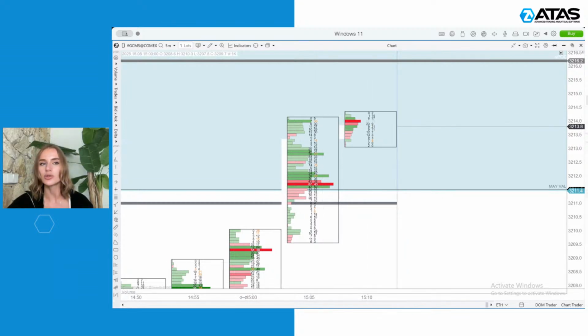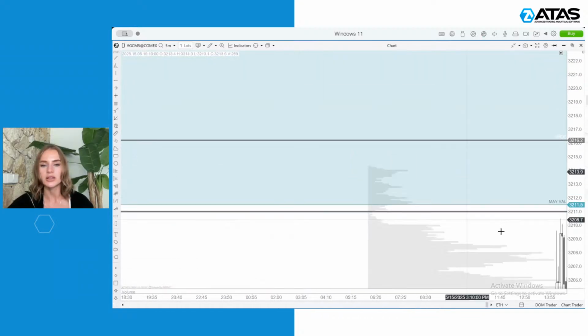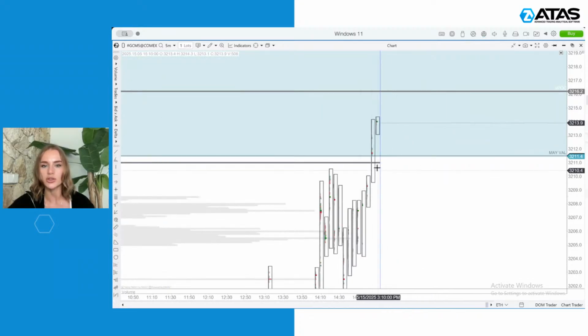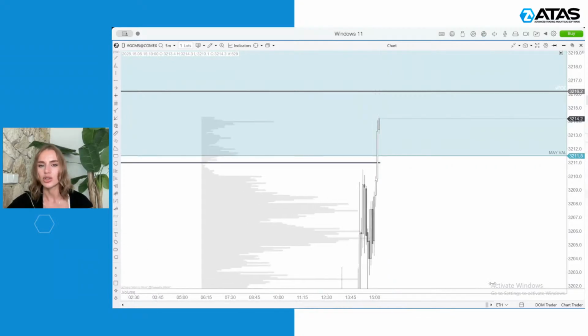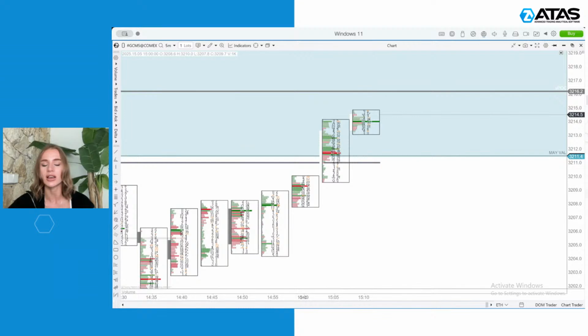So it comes down to visually comparing the levels. For example, if this is where my point of control is, and I need to watch out for this zone, then I know that my point of control is approximately 1/3 of a 5-minute candle from here. And then I know that this is approximately 1/3 of a 5-minute candle on the CFD chart. So it's simply visual. I know it can sound confusing, but I've been trading like this for 4 years.